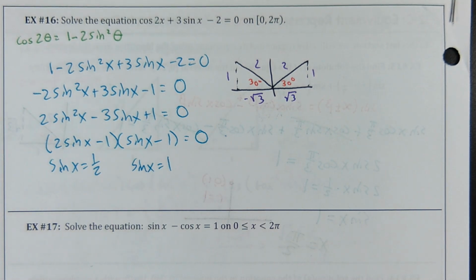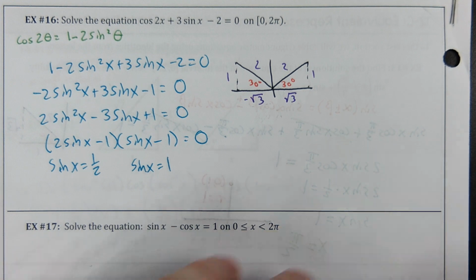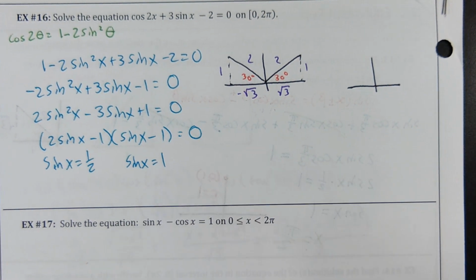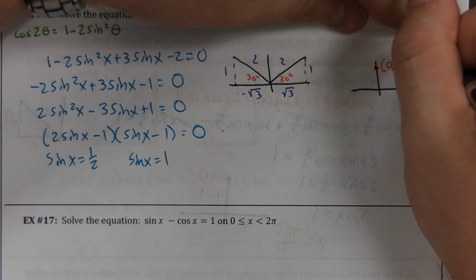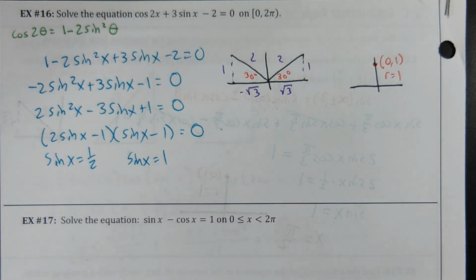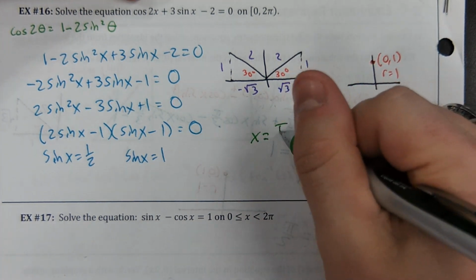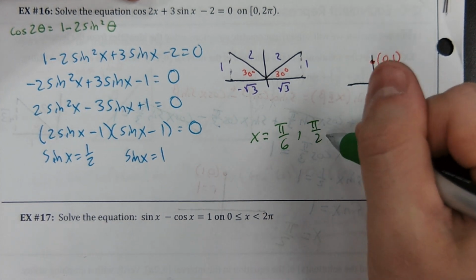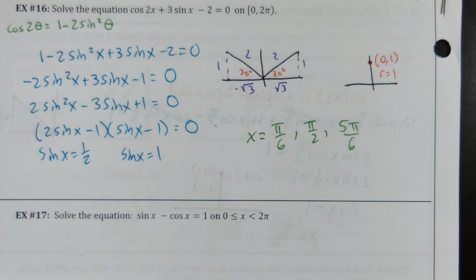So pi over 6s. And we've seen this one a few times today. +1, so only pi over 2. So our three answers in numeric order are the first 30-degree angle, pi over 6, then pi over 2, and then 5 pi over 6, and there they are.